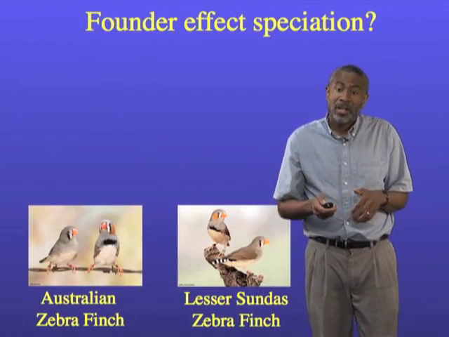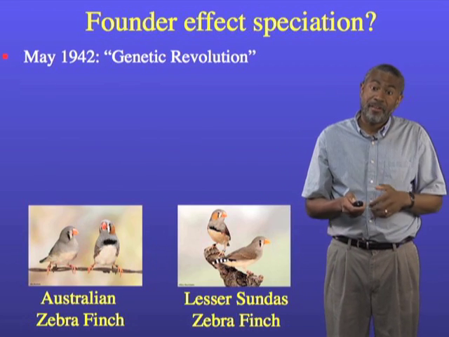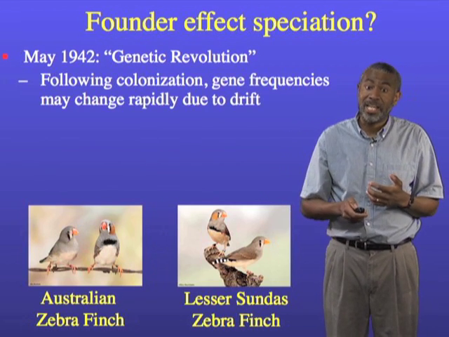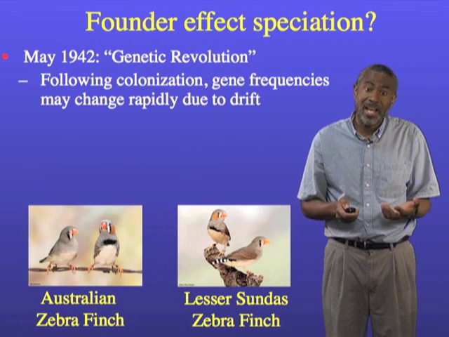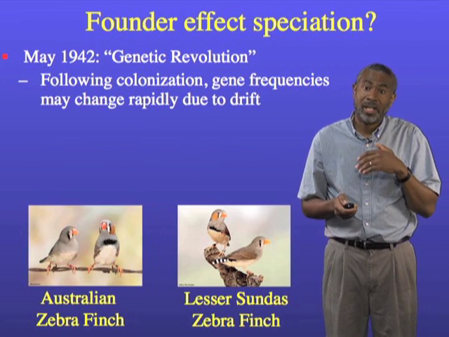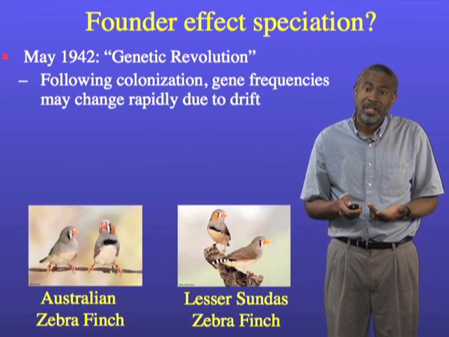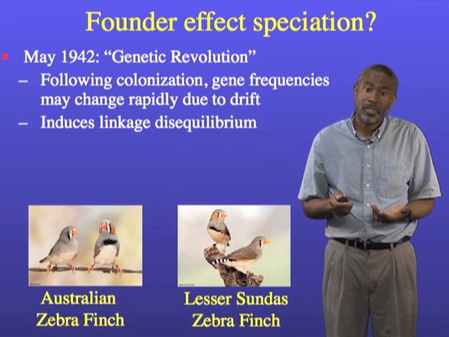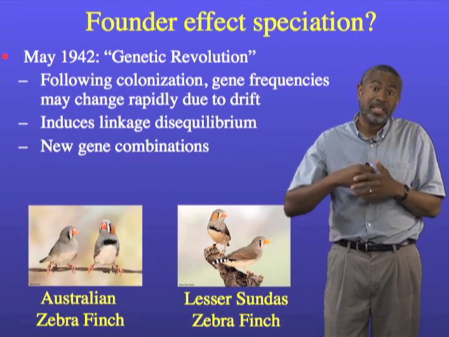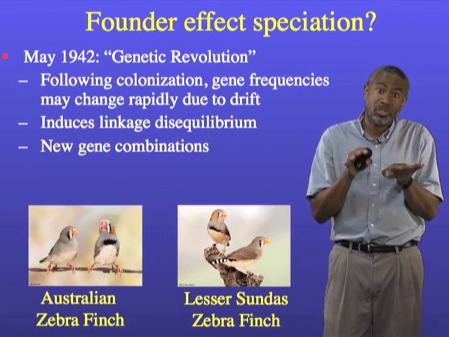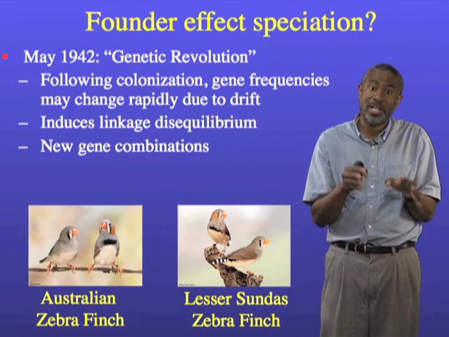So, could this be a case of what we call founder effect speciation, where a small group of individuals colonized the islands and then evolved into a separate subspecies or species? Well, possibly, because we know that founder effects can cause allele frequencies to differ. As we saw, the mainland and island populations were quite different.